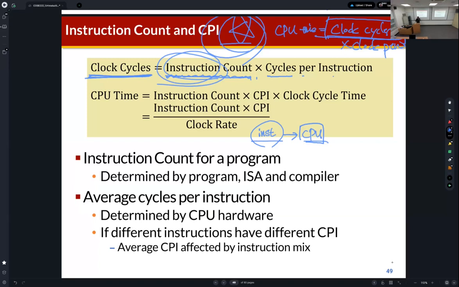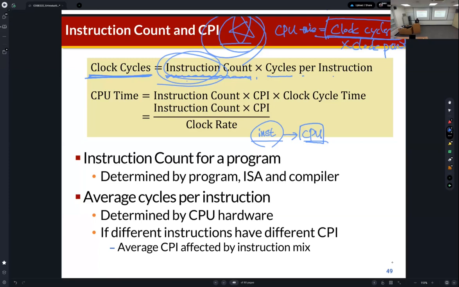Understand? It is because CPUs receive instructions, and each instruction will be executed one by one inside the CPU. That's why we want to represent the performance using instructions.